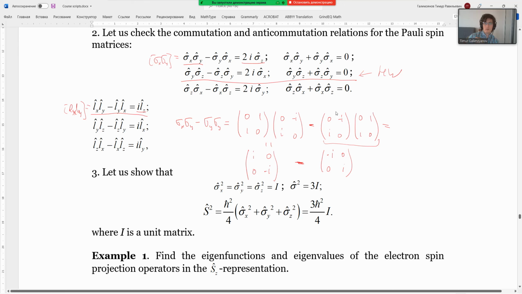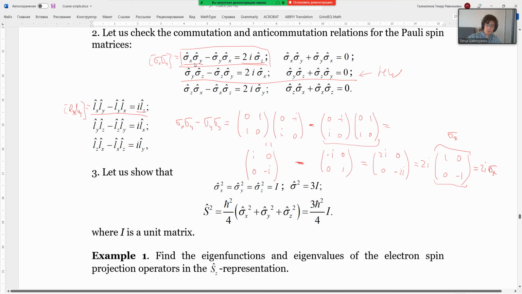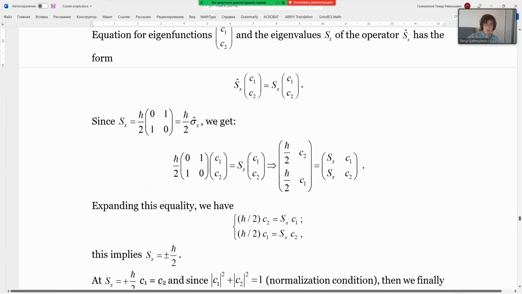So we just subtract one matrix from another, and we get 2i, 0, 0, minus 2i, equal to 2i times 1 0 0 minus 1. That is the sigma z matrix. So we get 2i sigma z. So we have proven this commutator relationship. And other relationships can be proven in the same way.